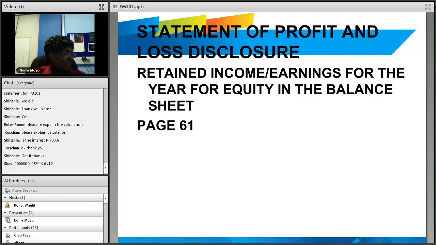Look at that example there. And then less taxation, then net income after taxation. Then it is that amount that we transfer to reserves, transfer to preference shares, transfer to ordinary shares. Then we have the retained income for the year, and we add what we had from last year, and we have our retained income at the end of the year.